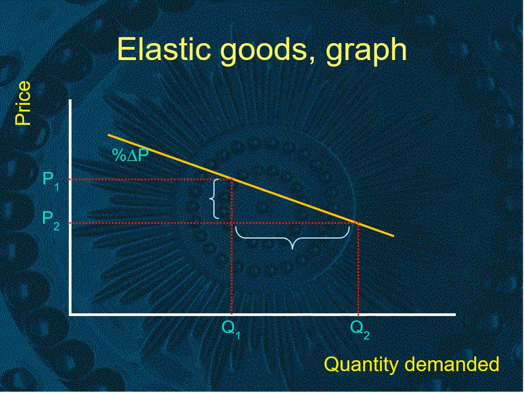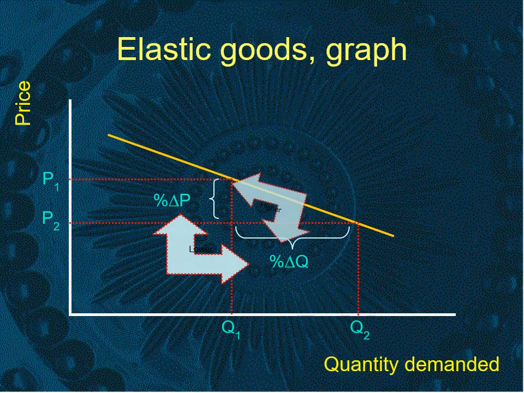The percentage of change in price is lower than the percentage of change in quantity, so this product is elastic. Or the percentage of change in quantity is higher than the percentage of change in price, and this will give also the same result, so this product is elastic.